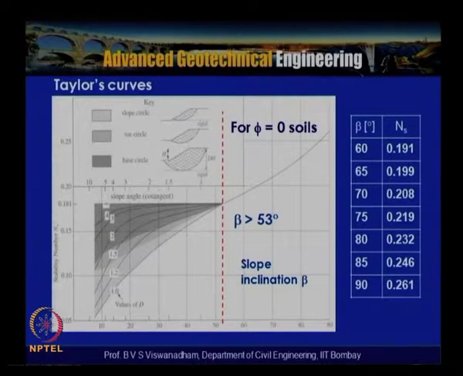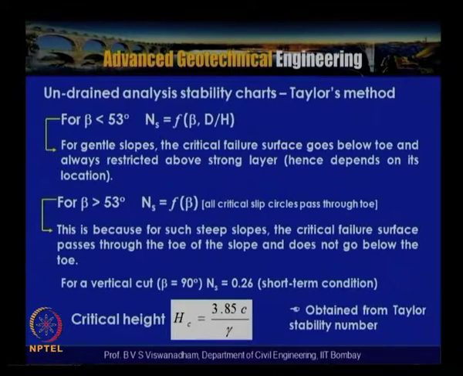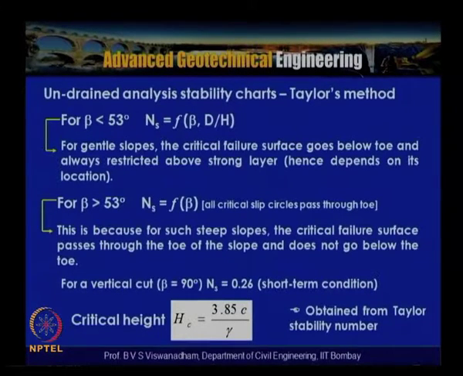By using Taylor's curves, one can obtain the stability numbers, and for beta less than 53 degrees the stability number is found to depend upon the so-called depth factor d by h, also indicated as small n. For gentle slopes the critical surface goes below the toe and is always restricted above the strong layer, hence it depends on its location.